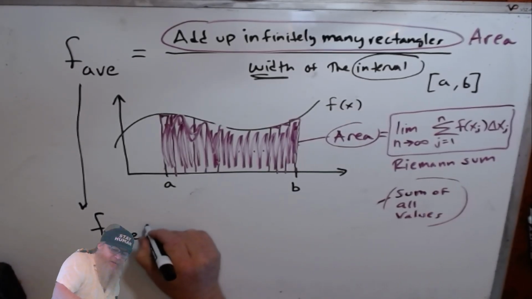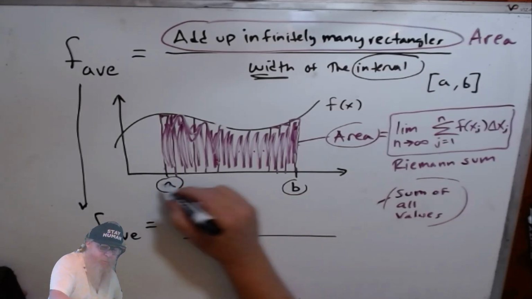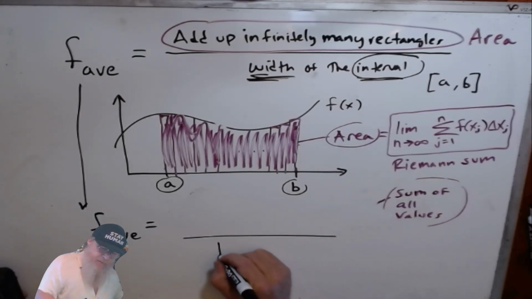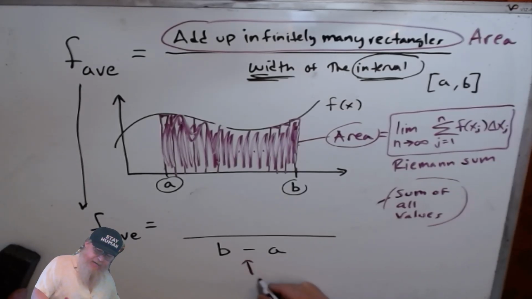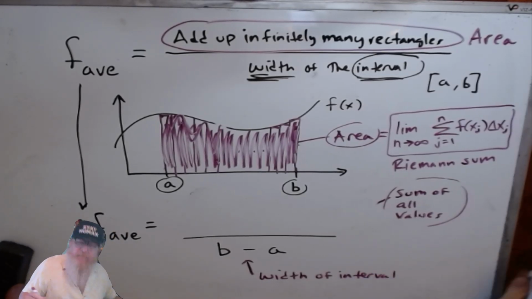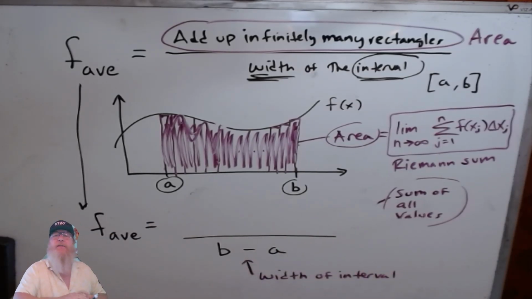what do you think we're going to do? We're going to divide by the width of this interval. The width of the interval is b minus a. That's how wide this interval is.